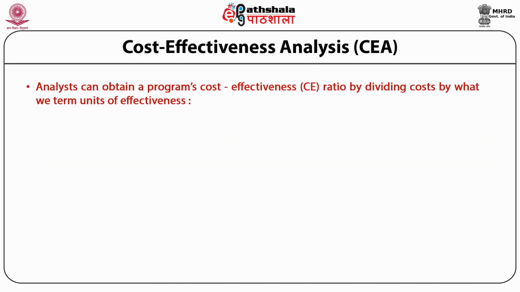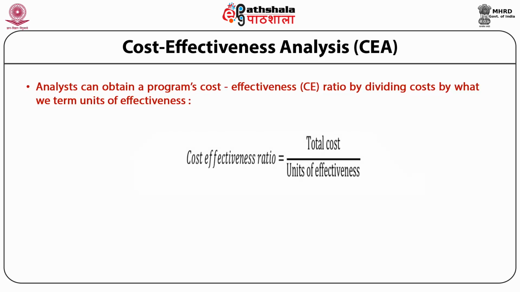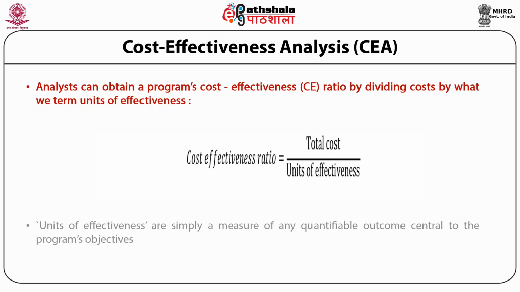Analysts can obtain a program's cost effectiveness ratio by dividing costs by what we term units of effectiveness. The formula is: cost effectiveness ratio is equal to total cost divided by units of effectiveness. Now what are these units of effectiveness? These are simply a measure of any quantifiable outcome central to the program objectives.